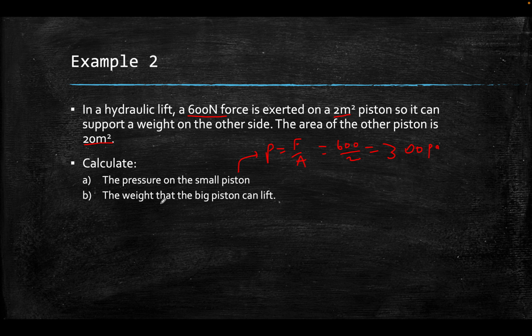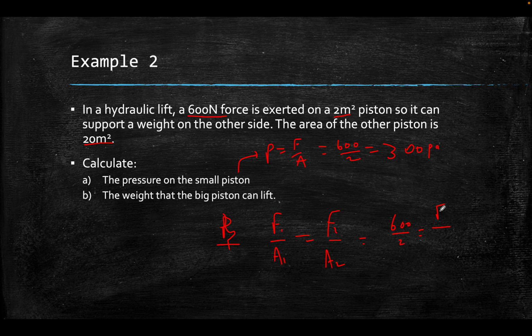Part B, it says find the weight that the big piston can lift. So there's the pressure. We can use the formula again just to keep it simple, not P. We'll use F over A equals F over A. So we've done the first part already, but I'm going to write it out like this. 600 over 2 equals, and I'm trying to find the weight that this can lift.